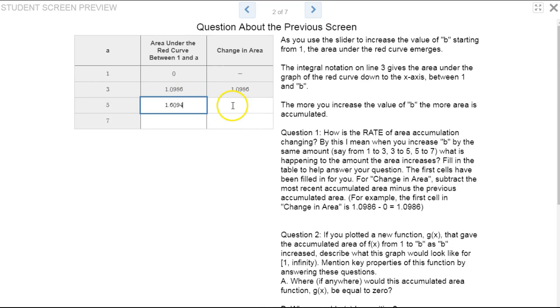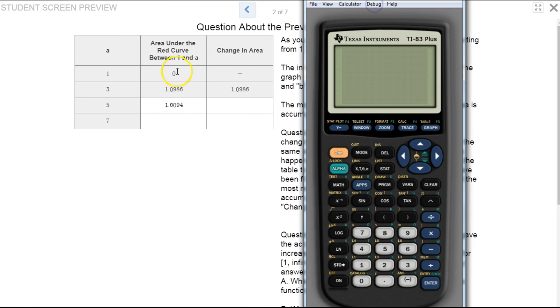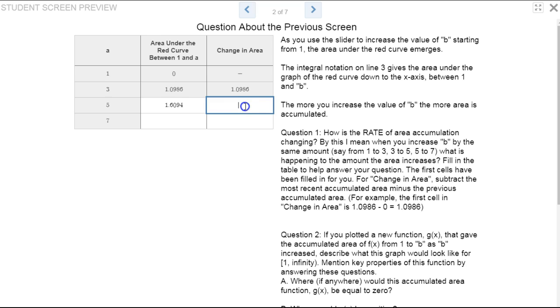Then what goes in the next box is the difference, as it explains in here: I take a calculator and subtract. This was 1.0986 minus 0. Now I do 1.6094 minus 1.0986, and that's what goes in the change: 0.5078.